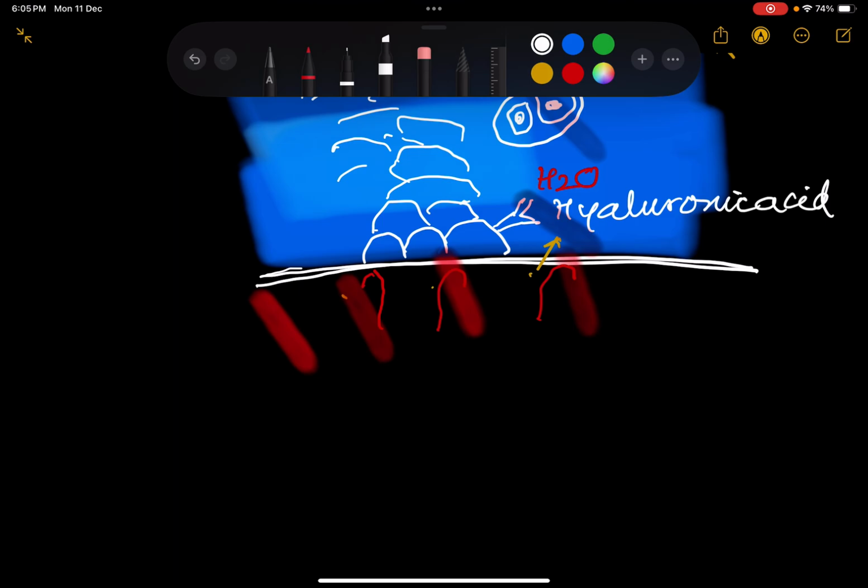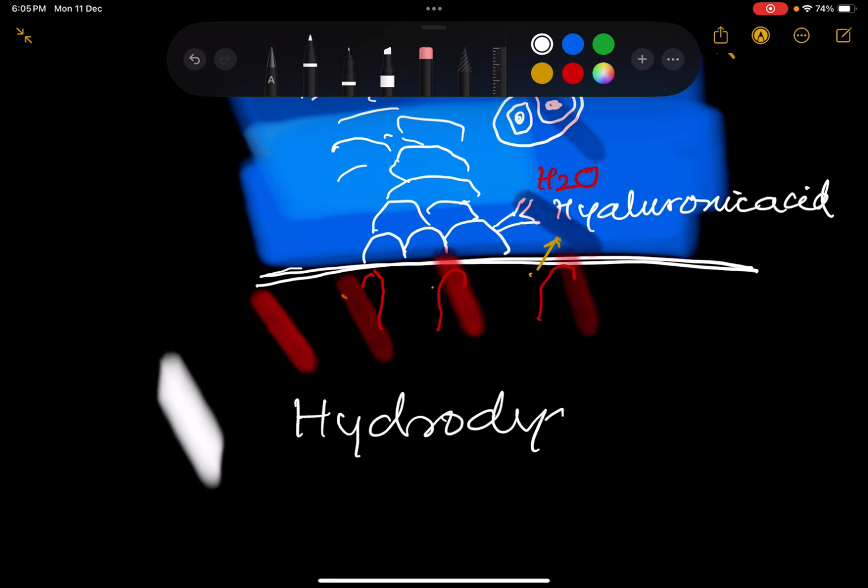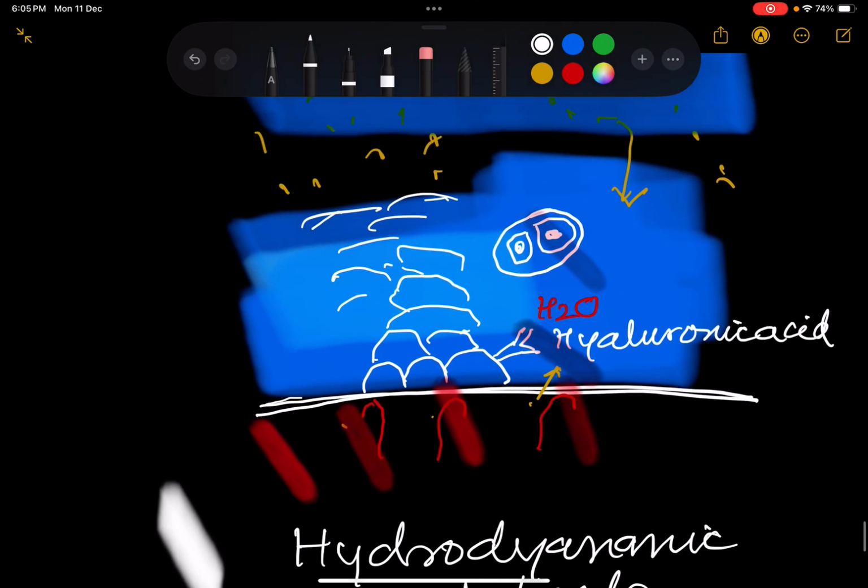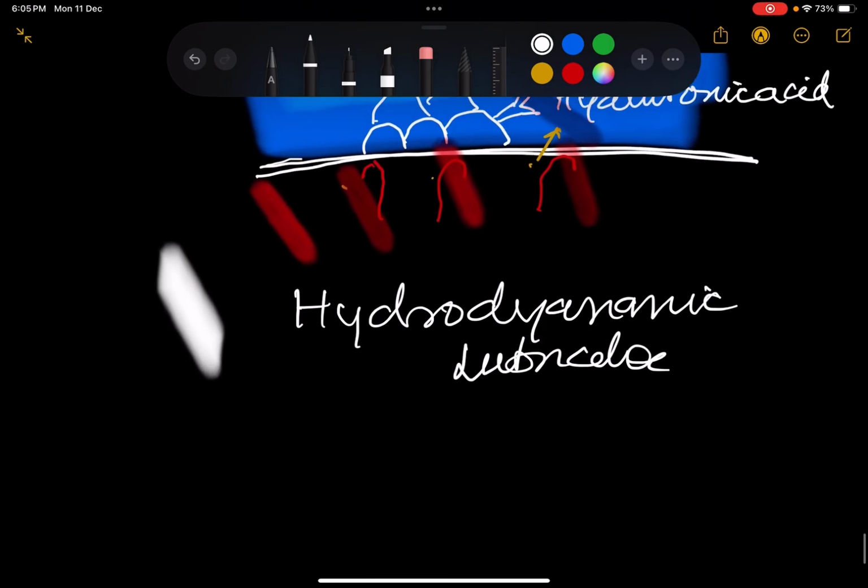The synovial fluid will not be able to escape between the cartilage surfaces, and that type of lubrication is called hydrodynamic lubrication. If there is slow movement, then this water will be squeezed out and will remain between the cartilage surfaces. So that is called boundary lubrication.